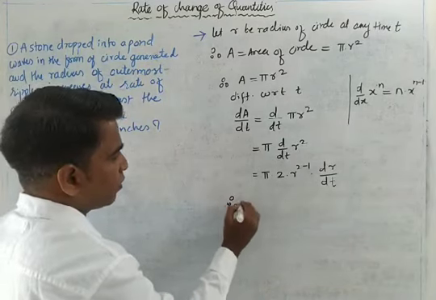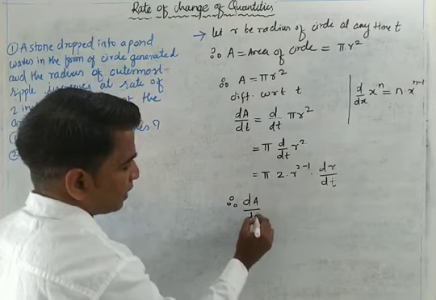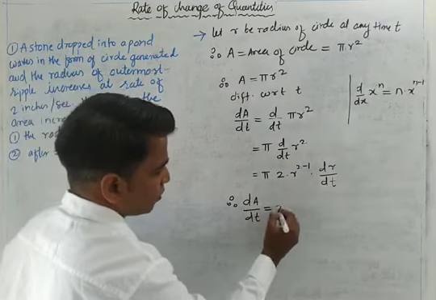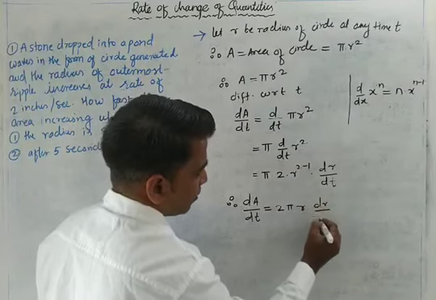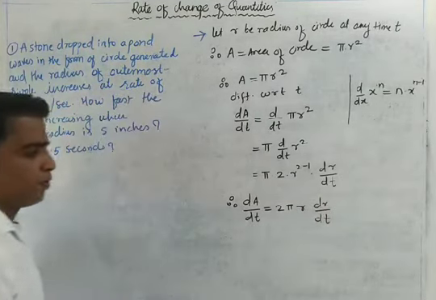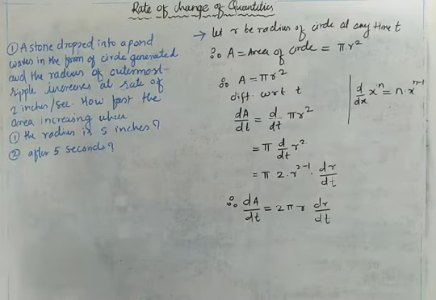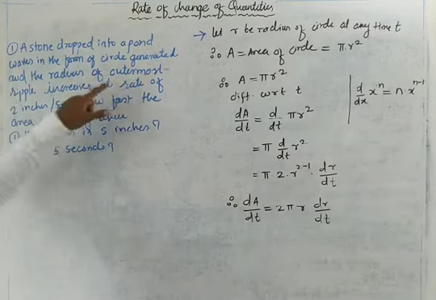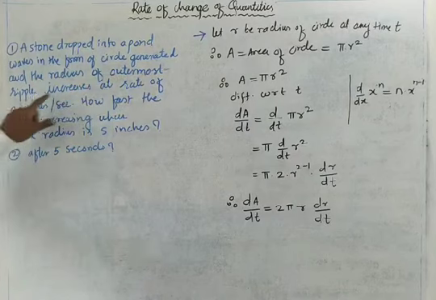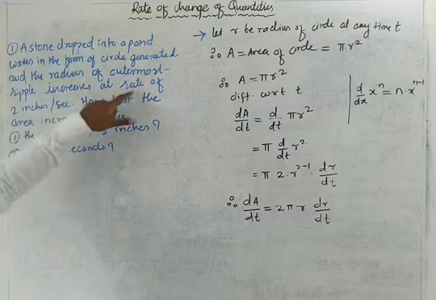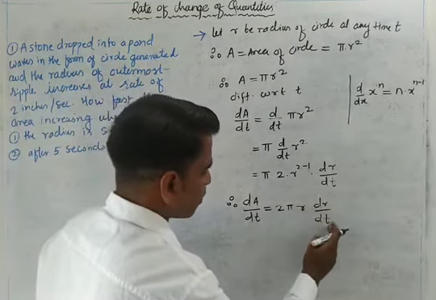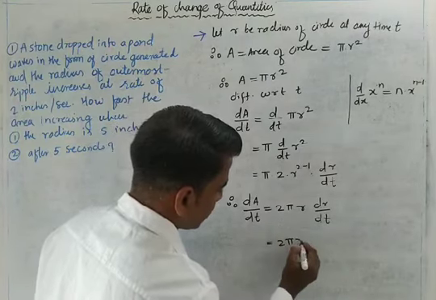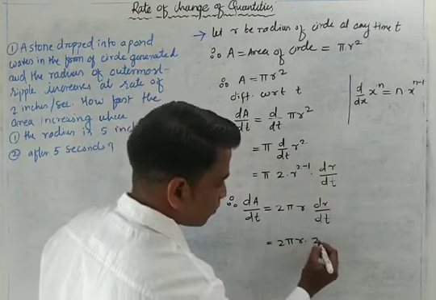So we get dA by dt is equal to 2 pi r into dr by dt. Now read the question carefully. They already gave that the radius of the outermost ripple increases at the rate of 2 inches per second. It means for the radius they gave the rate of change. So it is 2 pi r into 2.